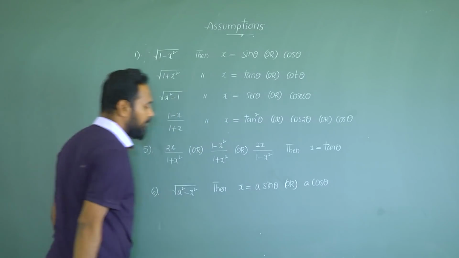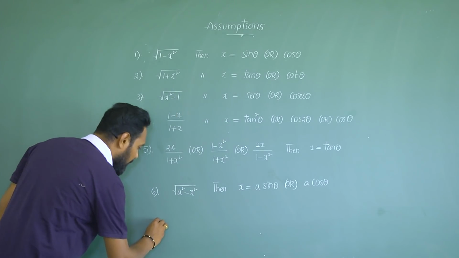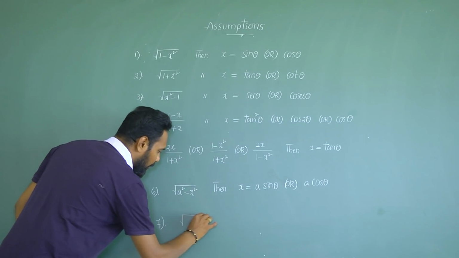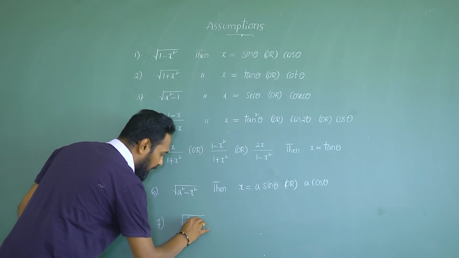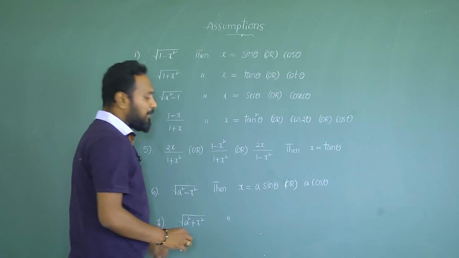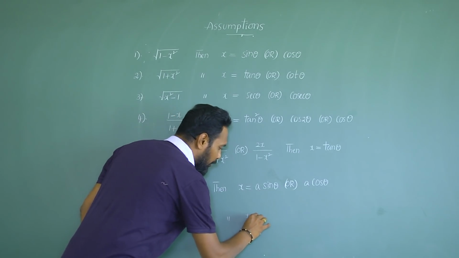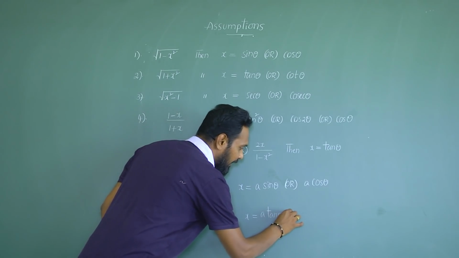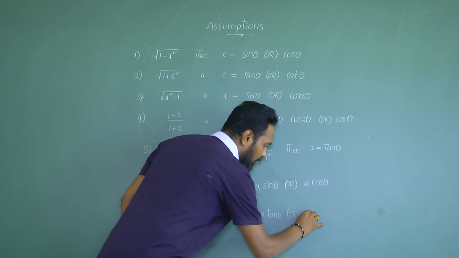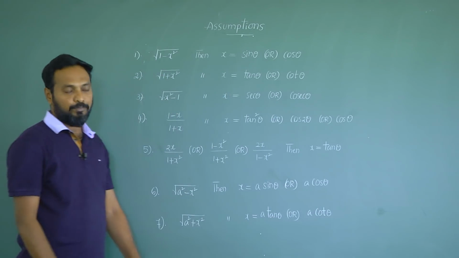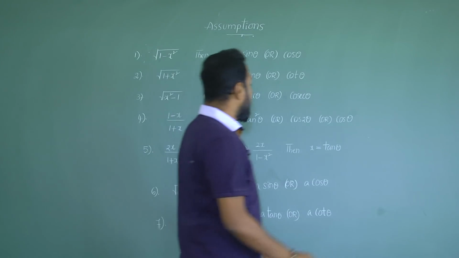Then seventh one, square root of a square plus x square. According to the same second property, I can assume x equals a tan theta or a cot theta.